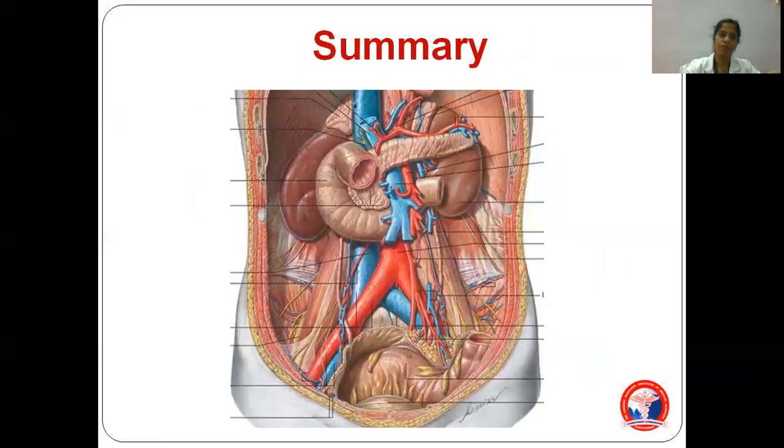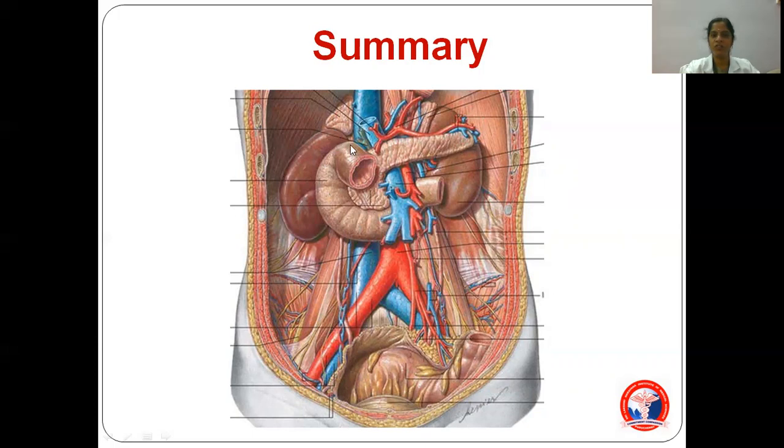Okay, so this is about the kidney. What we have discussed now is the location of the kidney. What is the kidney? It's an excretory organ. Where is it located? It lies in the posterior abdominal wall. It is a retroperitoneal structure. It is a bean-shaped structure. You can see it has an upper pole, lower pole, lateral border, medial border, anterior surface, and posterior surface.